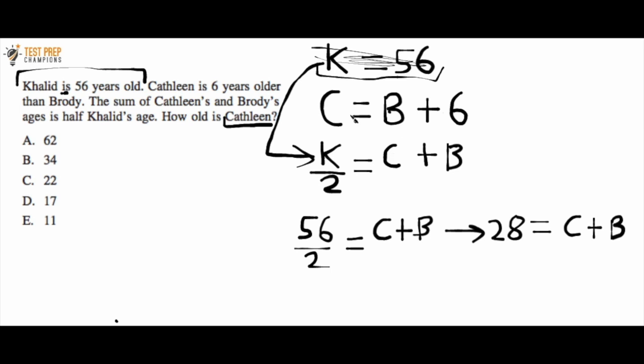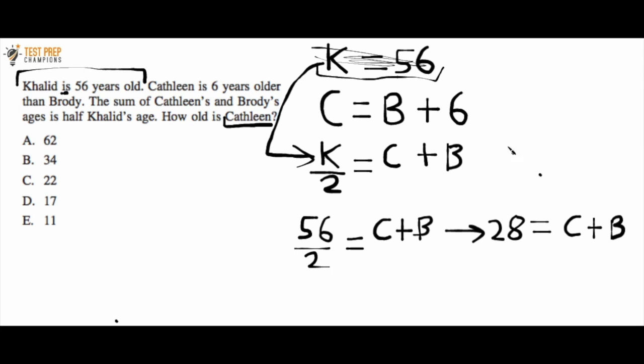And so let's look at this equation here where it says c equals b plus 6. Now, what you could do is come down here into this equation and replace c with b plus 6. And if you do that and solve for b, you're going to get Brody's age. And then once you get Brody's age, you can use that to get Kathleen's age.